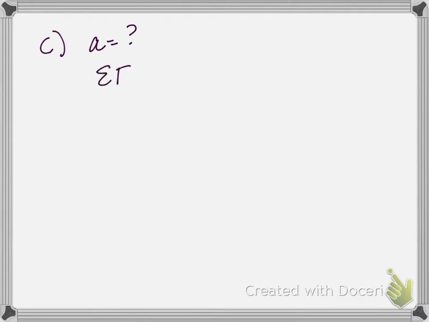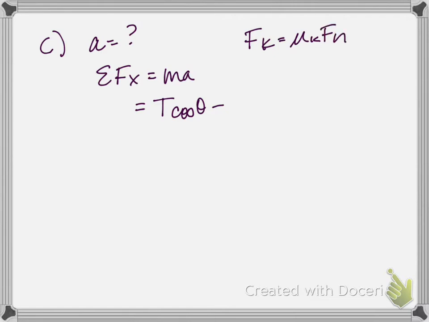Part C asks for the acceleration of the sled. Now the net force in the x direction is going to equal the mass times acceleration. The net force in the x direction is T times cosine theta minus the frictional force, right? Now the frictional force is mu k times the normal force, and remember our normal force here we calculated in the previous part.